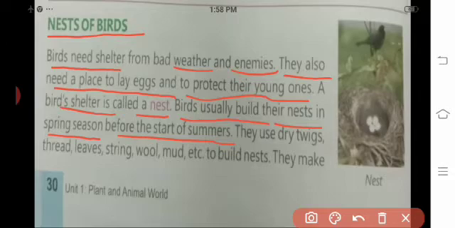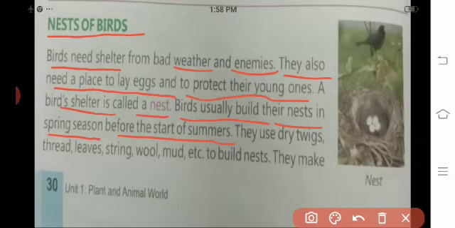Okay children, tell me the things we use to make buildings. Which are the things we use to make buildings? Yes, good. We use bricks, cement, sand and wood also, isn't it?